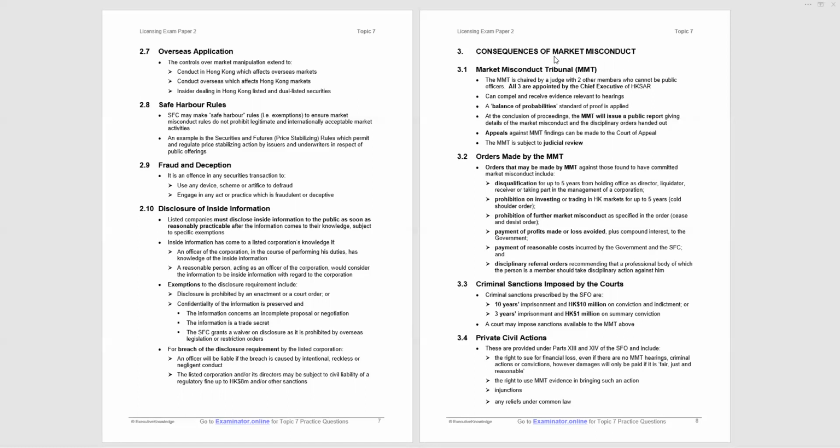Exemptions to the disclosure requirement include confidentiality, where the information is preserved and the information concerns an incomplete proposal or negotiation. So that covers the instances of mergers and takeover conversations being had while you're not forced to make them public.